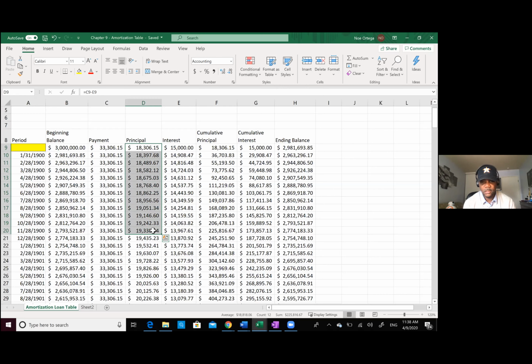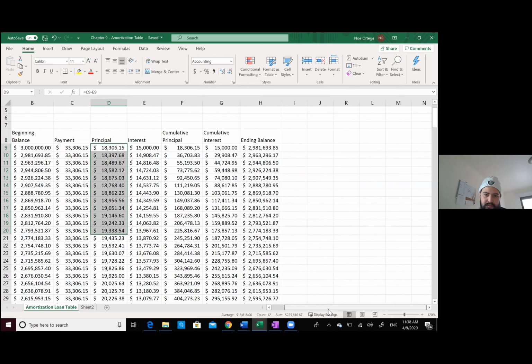You see that? Yep. And then that total there is 225,817 rounded. That would be the current. And then if you look at the ending balance, that's 2,774,183. Yep. That would be the long term. Okay.